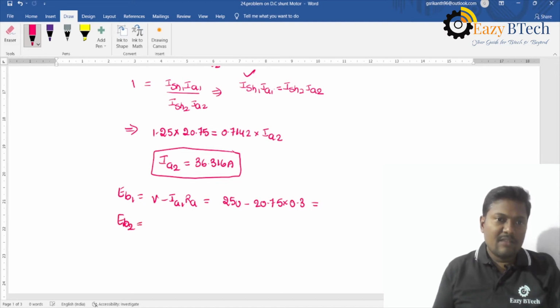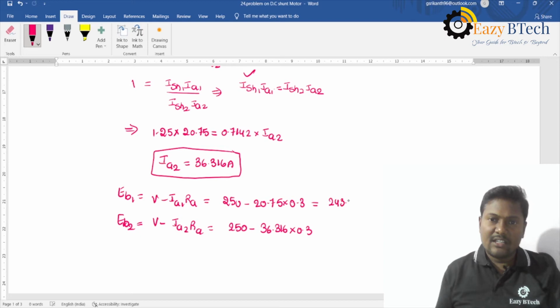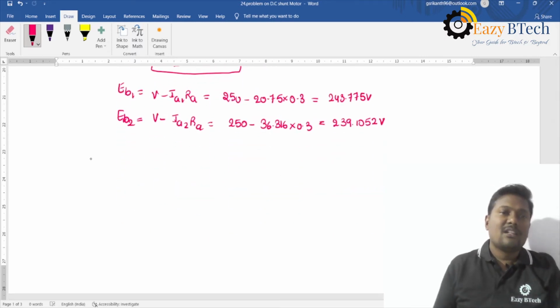Similarly calculate back EMF 2: V minus Ia2 into RA, 250 minus the new value of armature current 36.316 into 0.3. In the first case I am getting 243.775 volts, and in the second case I am getting 239.1052 volts.